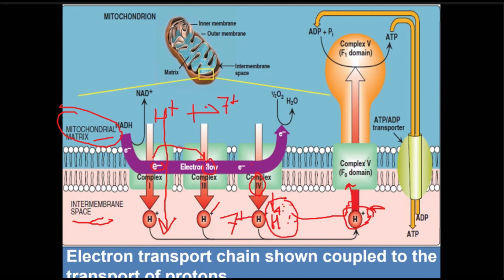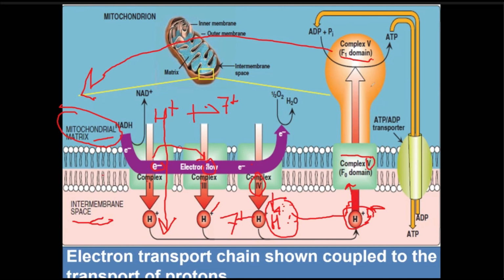They go back through what we call complex 5, that has what we call the F0 domain in the intermembrane space and the F1 domain, which is in the mitochondrial matrix. When I read it later on, I'm not going to go back to it, so we save time. So again, when the H plus gets in through complex 5, a lot of H plus will enter.